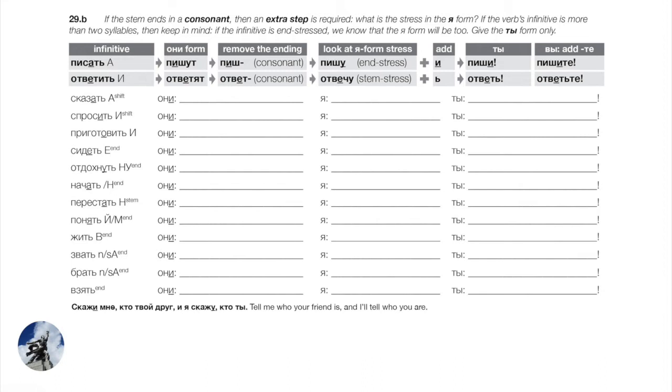Okay, сидеть. Они сидят. Drop the ят. We're left with сид. Now the я form is going to be сижу, end-stressed. Сижу implies сиди. You sit. That actually means to be seated.